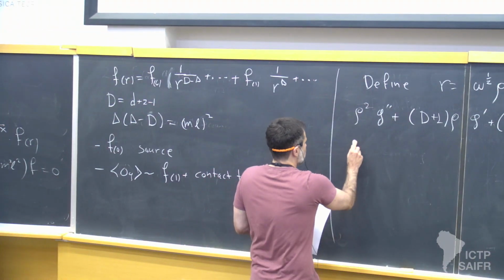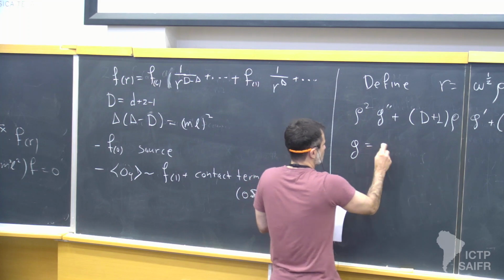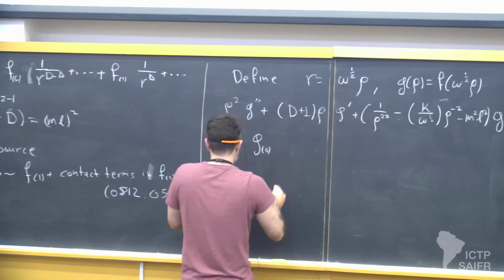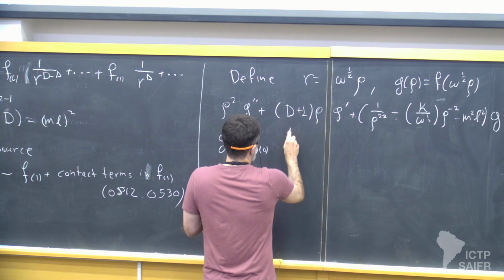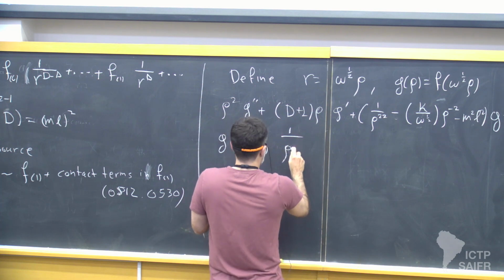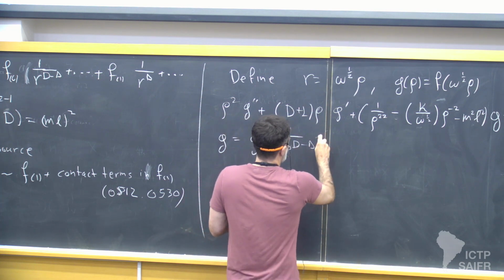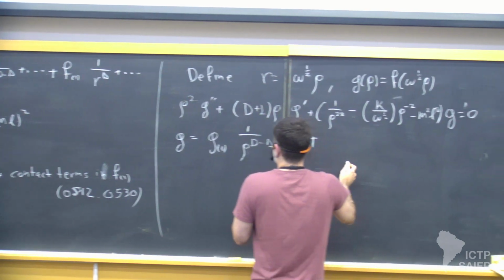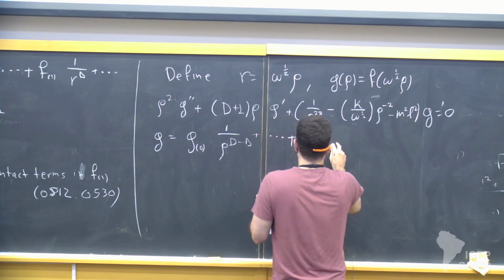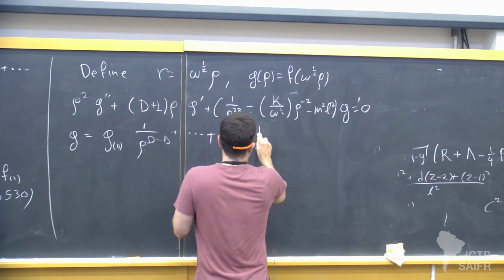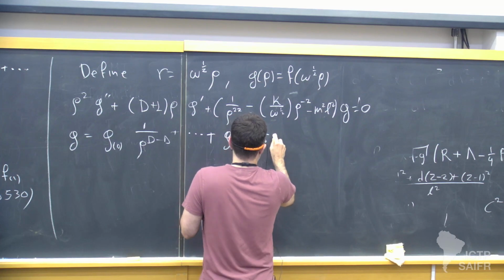So the asymptotic expansion for g would be some number g naught times 1 over rho to the power d minus delta, plus something, plus g1 times 1 over rho to the power delta.